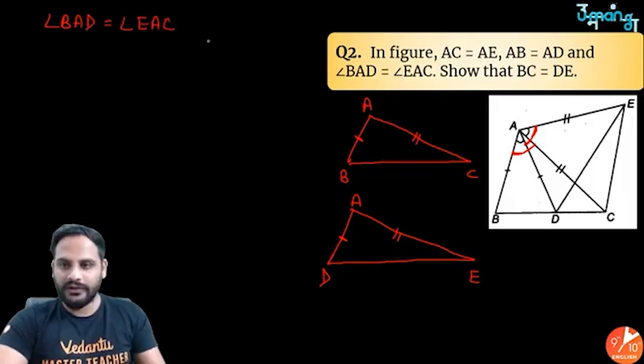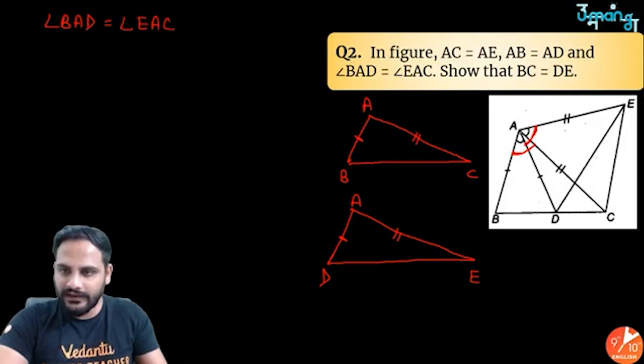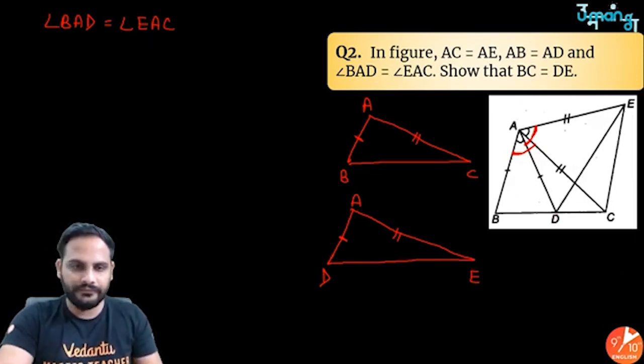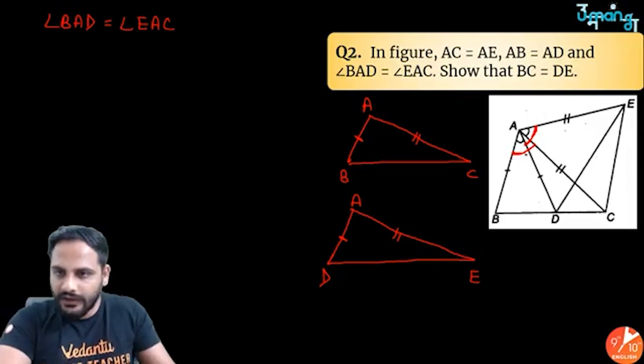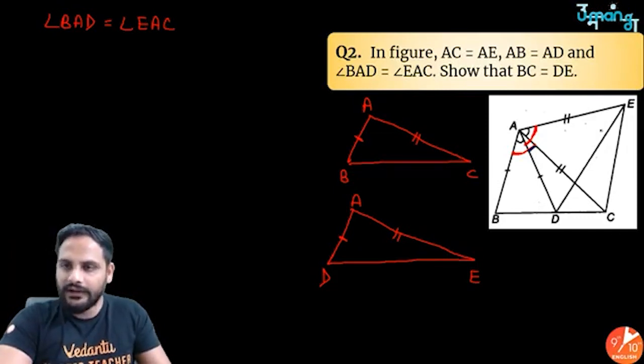But I saw, sir, this angle DAC is the extra part. In triangle BAC, this angle DAC is extra, and in angle EAD, this part is extra.